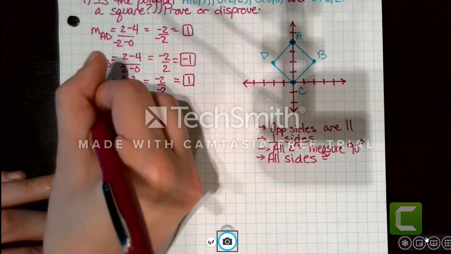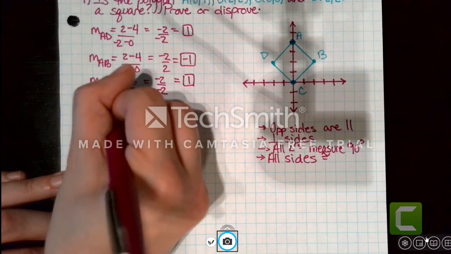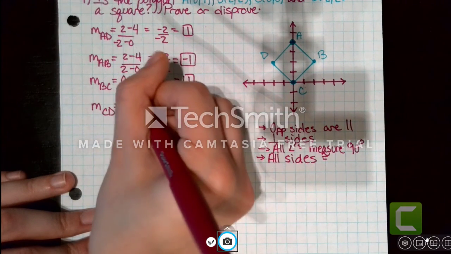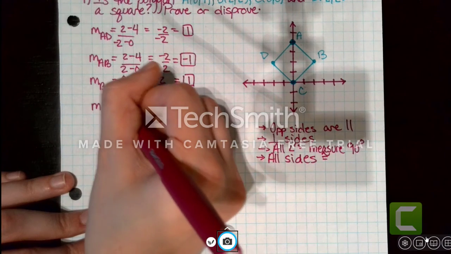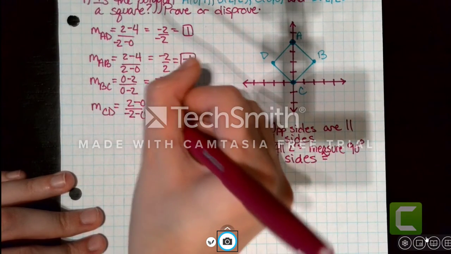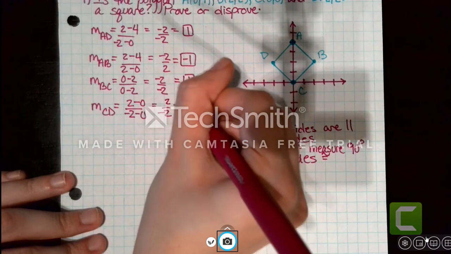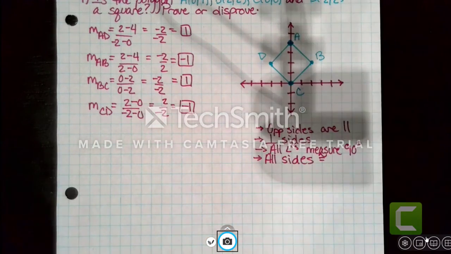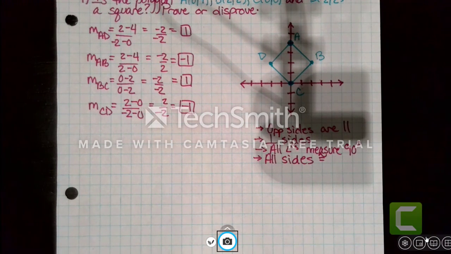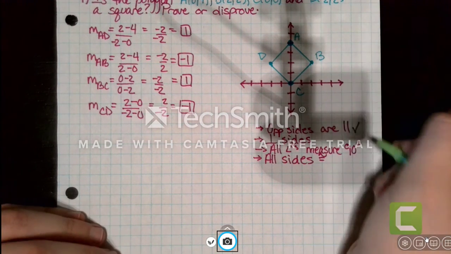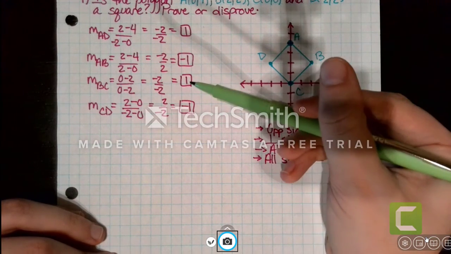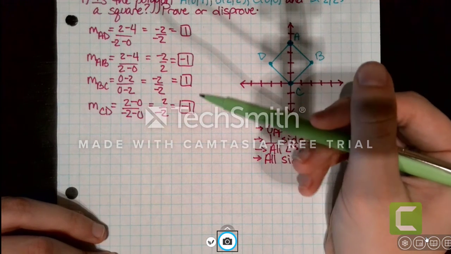And finally, the slope for CD is equal to 2 minus 0 all over negative 2 minus 0, to get a slope value of negative 1. With this, we are able to assume that we have opposite parallel sides and that we have perpendicular sides, since 1 is the opposite reciprocal of negative 1.